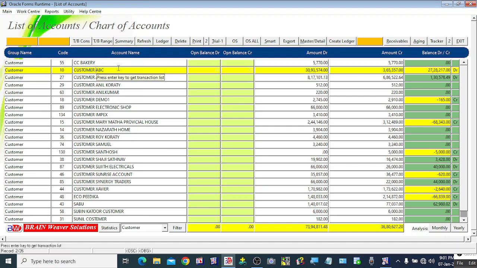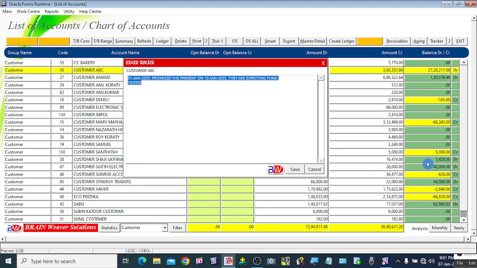And at the time of making the follow-up with each customer, by clicking this tracker button, you can update the follow-up information. For example, suppose today you are going to make the follow-up with this customer ABC.